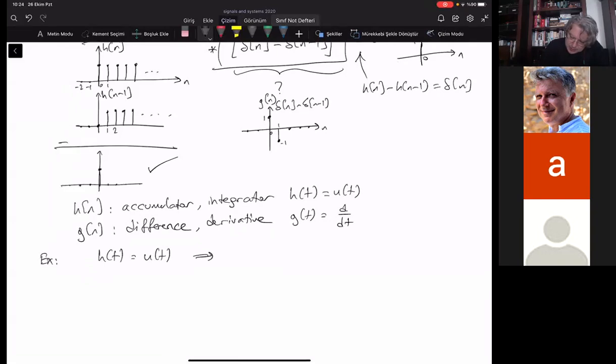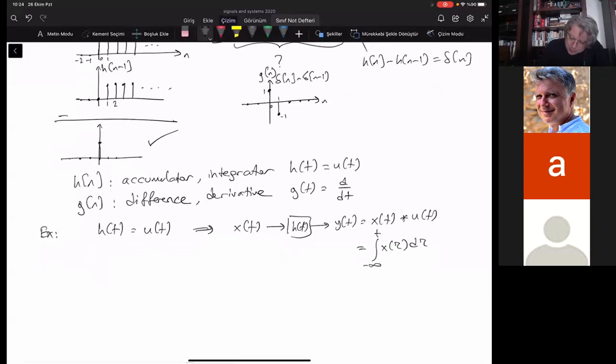It means if x(t) goes into h(t), then y(t), which is x(t) convolved with u(t), is this formula: the integral from minus infinity to t of x(tau) d tau. It's an integrator up to t.